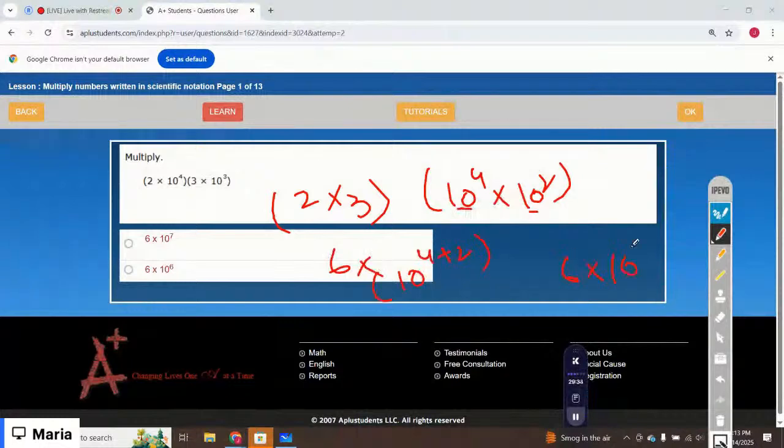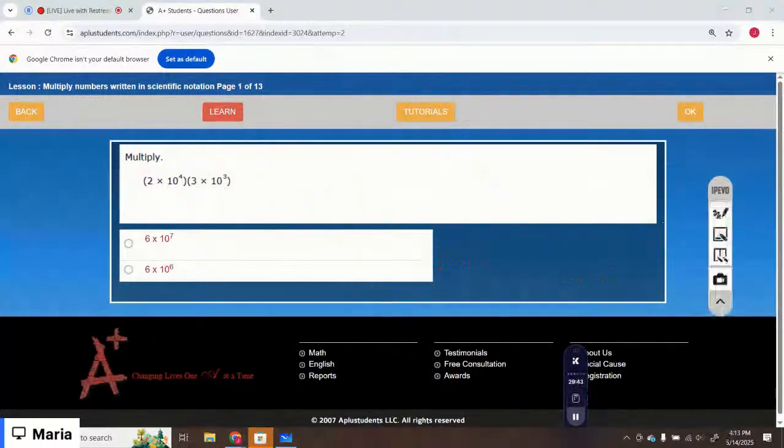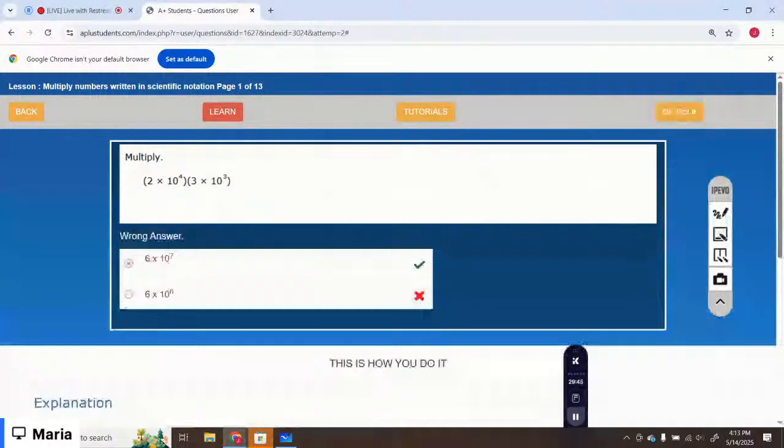Oh, 4 plus 3, it is 7. So that would be 6 times 10 exponent 7. Option 1 is the correct option.